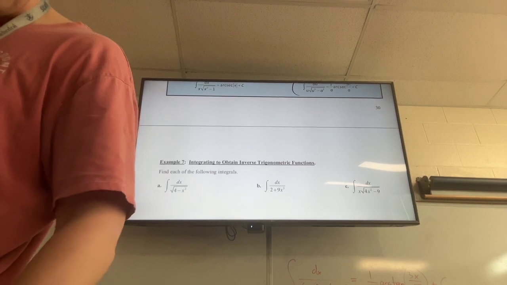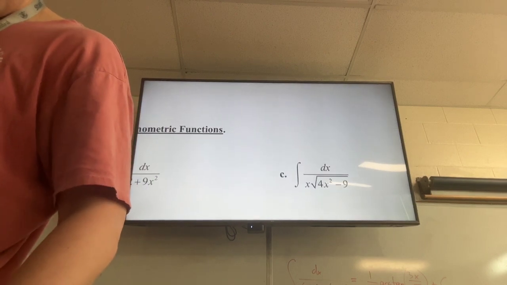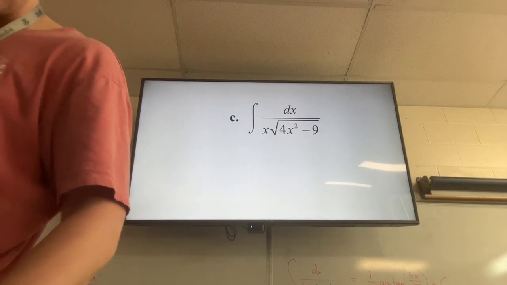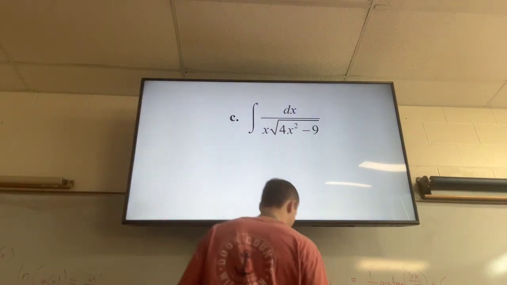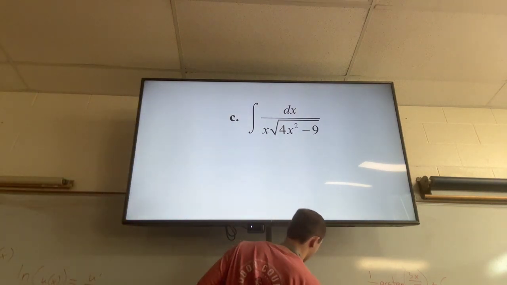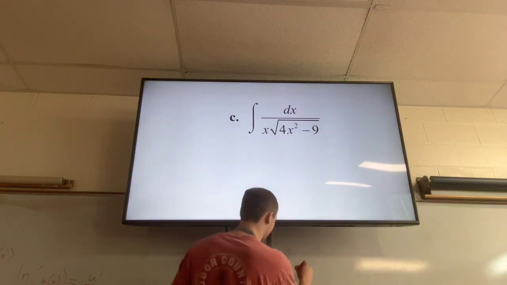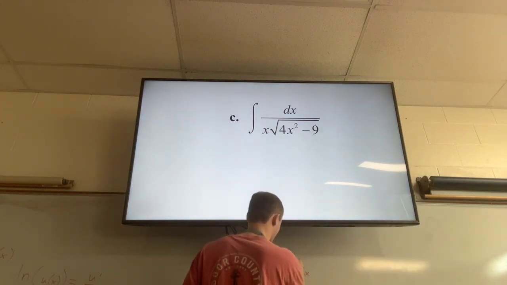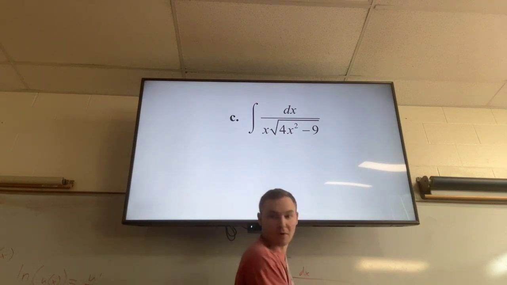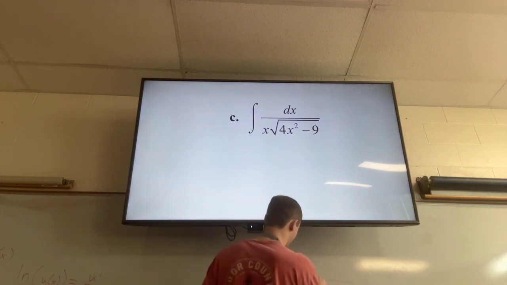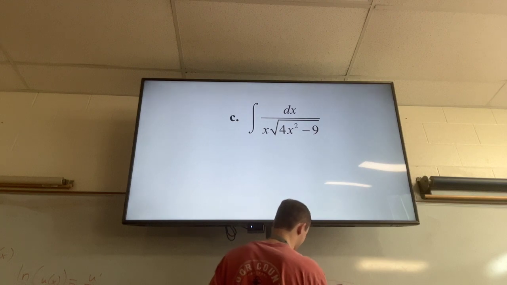Let's do one more, then we can stop. Which formula does this one look the most like? Arcsecant, yeah. So dx over x times the square root of 4x squared minus 9.